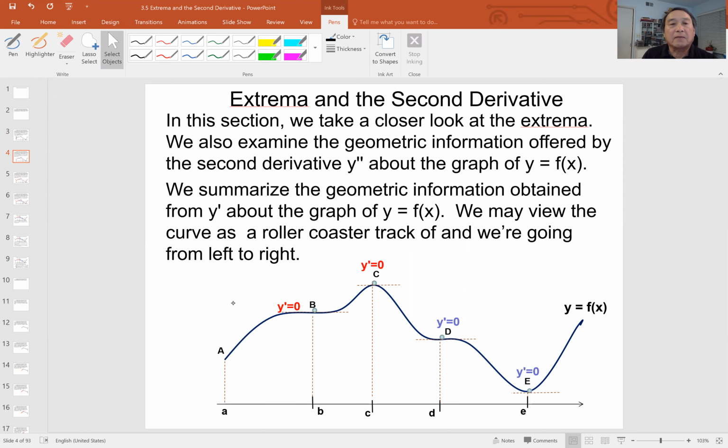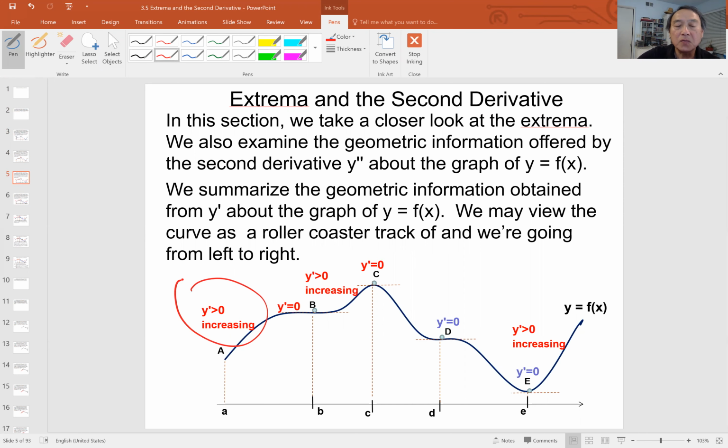Where the track is flat, the derivative is zero. Going uphill is the same as increasing, so uphill means the first derivative is positive, and downhill means the first derivative is negative.